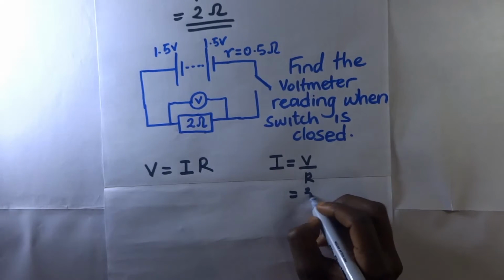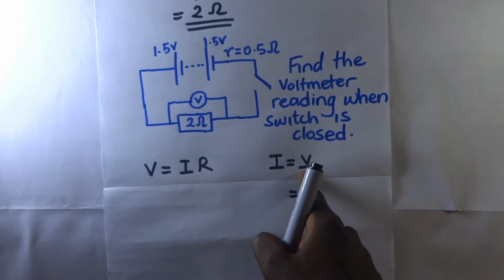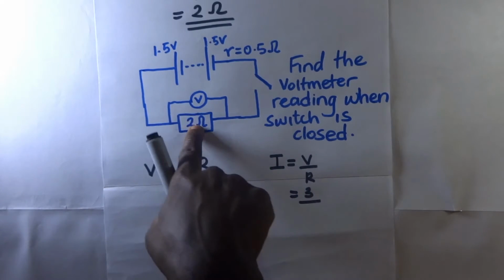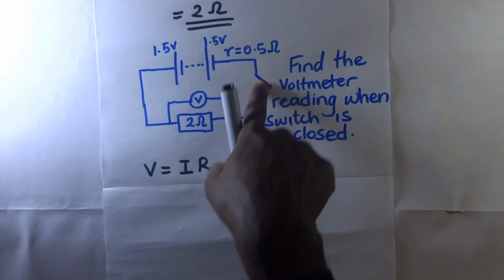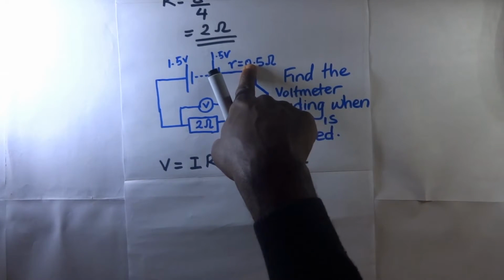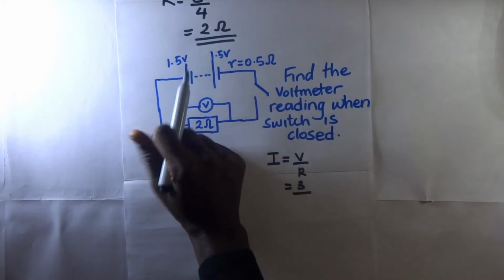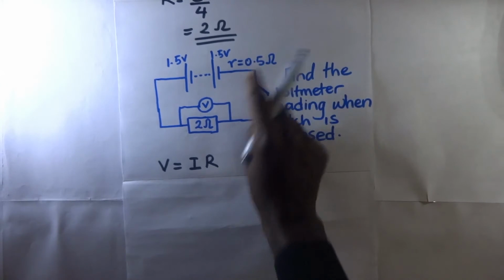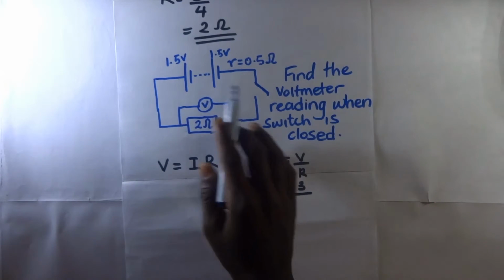So it's going to be 3, divided by the total resistance. Looking at this circuit, for the total resistance we have this 2 ohm resistor, and we also have internal resistance. Each cell has an internal resistance of 0.5 ohms. There are 2 cells, so the total internal resistance is 1 ohm.